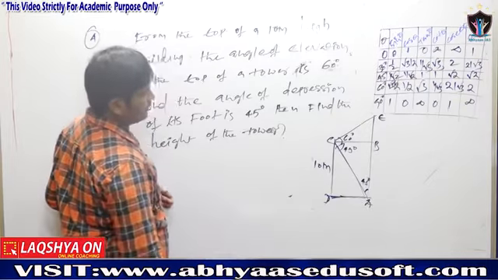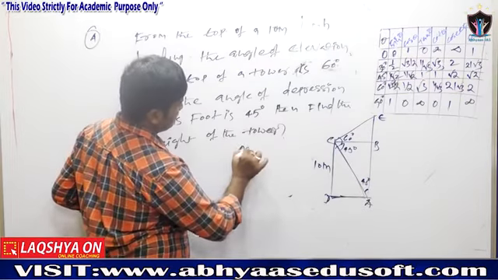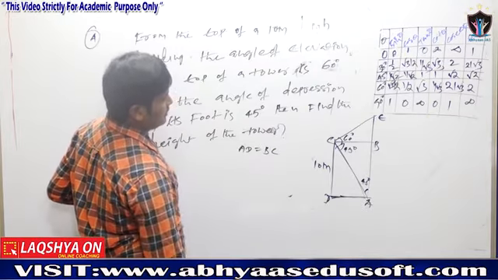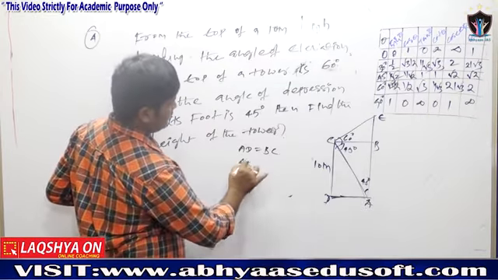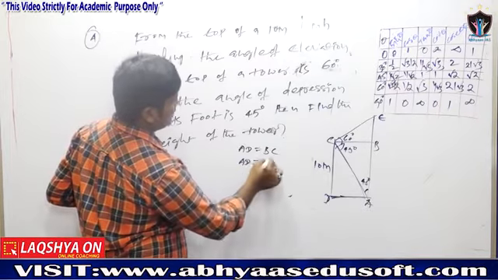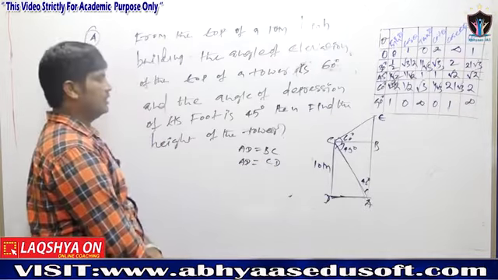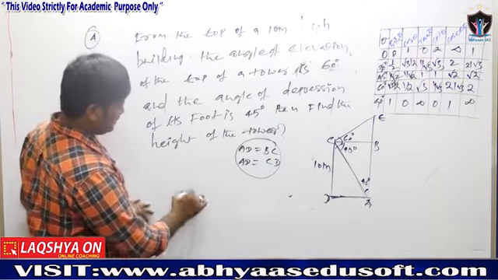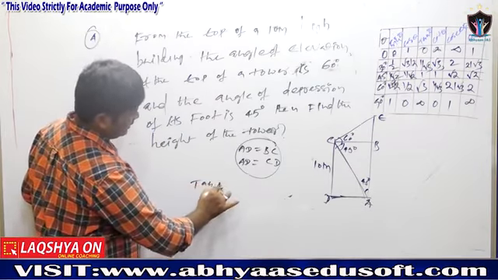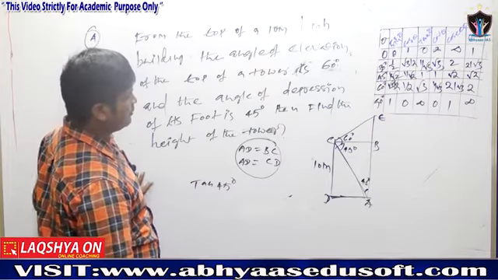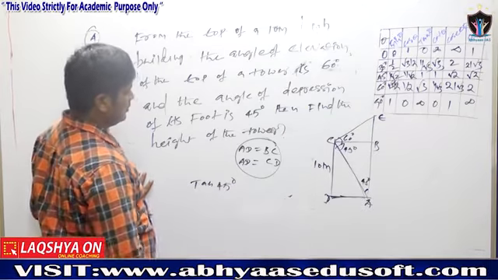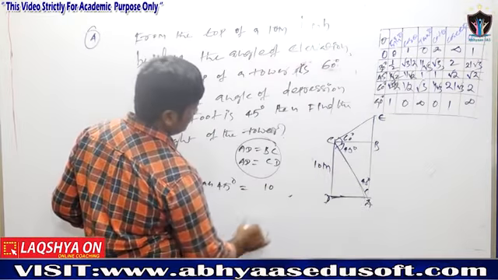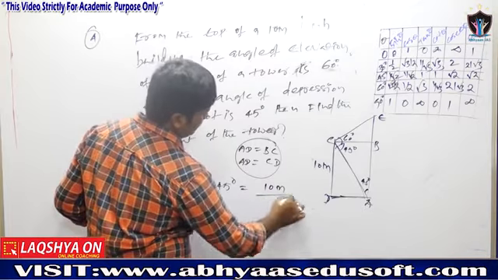So directly we can take AD is equal to BC, and AB is equal to CD, these two are equal. Now tan 45 degrees is equal to 10 meters by AD.